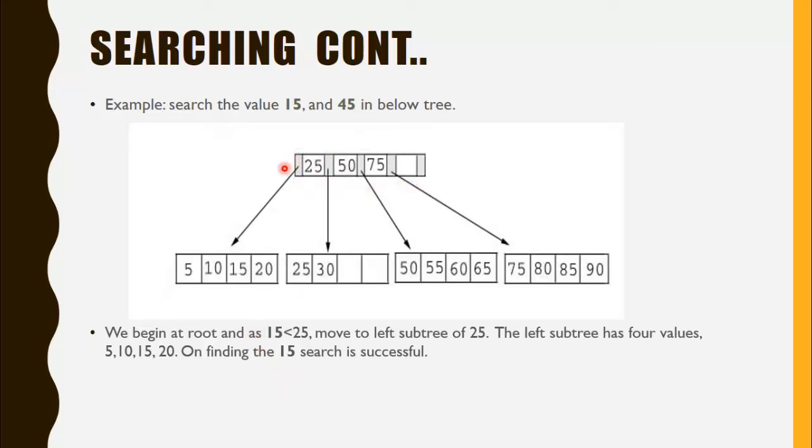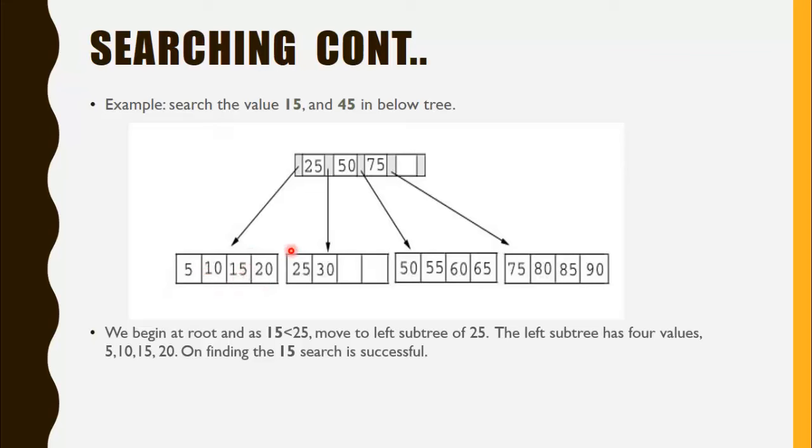So we move to the left subtree of 25, and here we search for the values. Four values are present: 5, 10, 15 and 20. So we find it successfully, 15 is present.